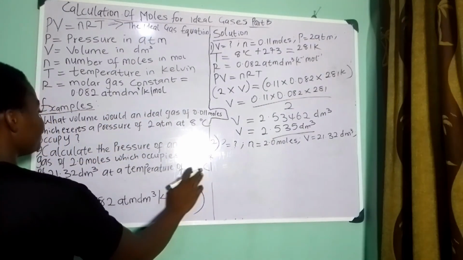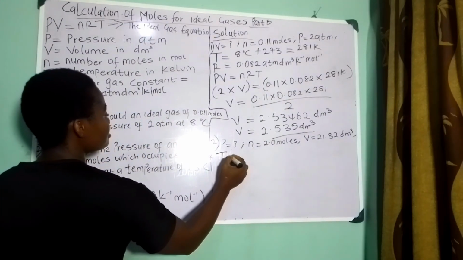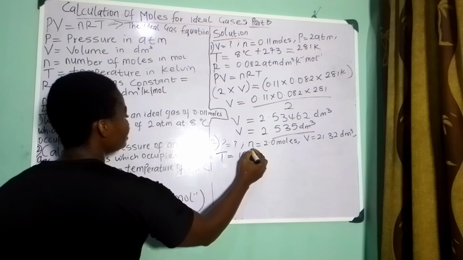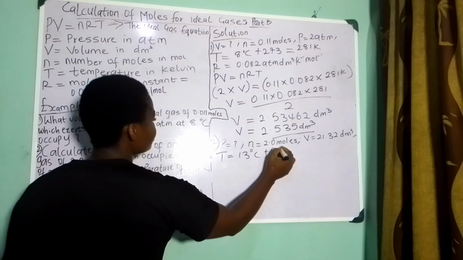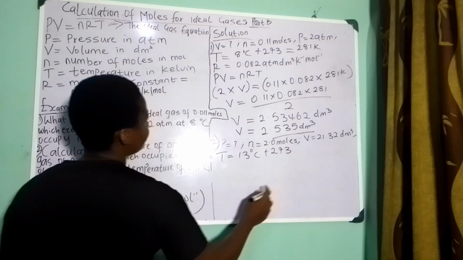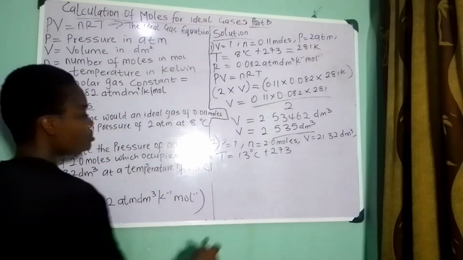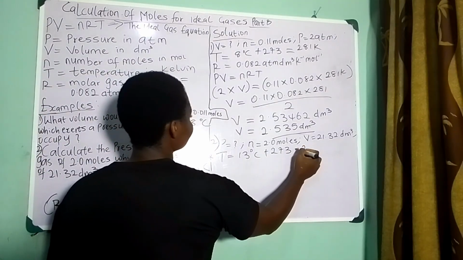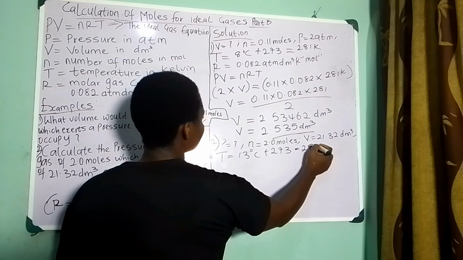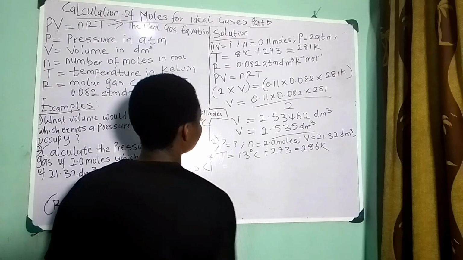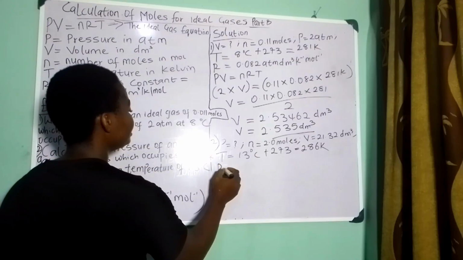At a temperature of 13 degrees Celsius. So simply add your 273 to your 13, so that you'll be having 286 Kelvin.